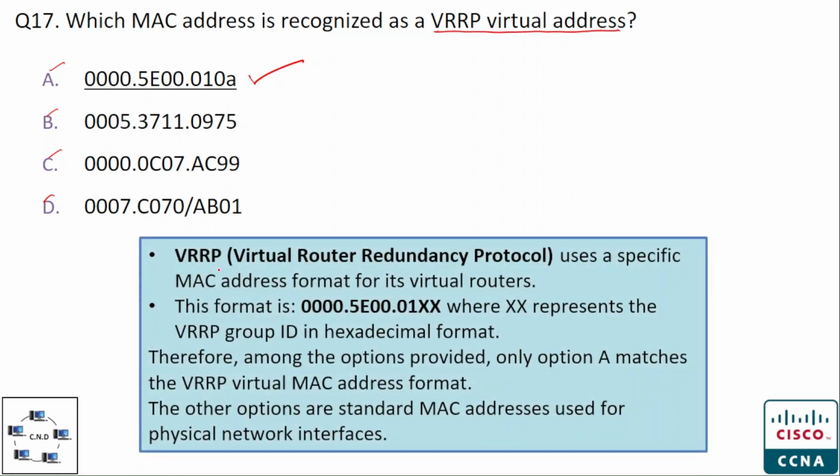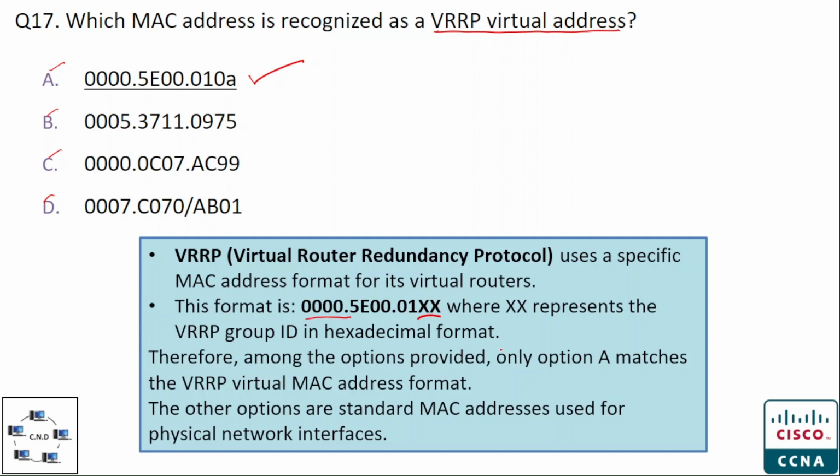VRRP, that is Virtual Router Redundancy Protocol, uses a specific MAC address format for its virtual routers. This format is basically 0000.5E00.01XX, where the XX represents the VRRP group ID in hexadecimal format.